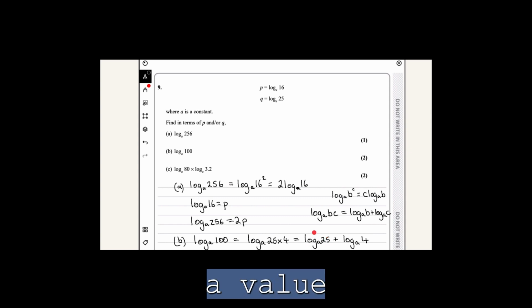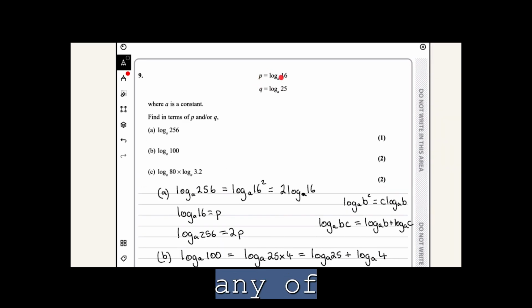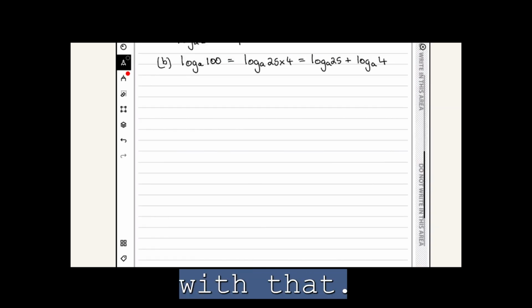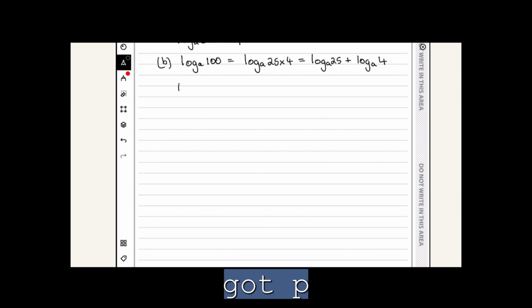So we've got a value of Q here because log A of 25 is Q. But we're left with log A of 4, which is not any of these in its immediate form. However, 4 and 16 are related. 4 squared is 16. So let's see if I can do something with that. Remember, we've got P equals log A of 16. So therefore P equals log A of 4 squared.